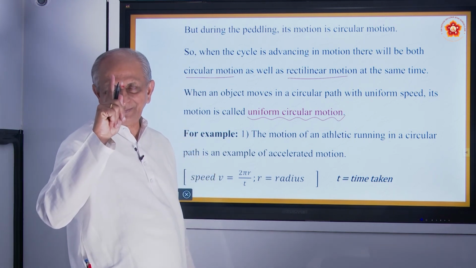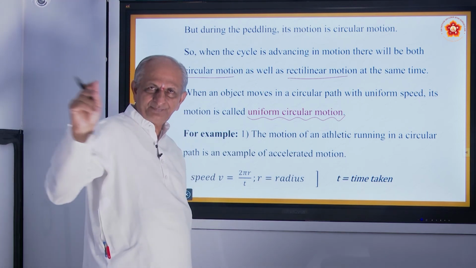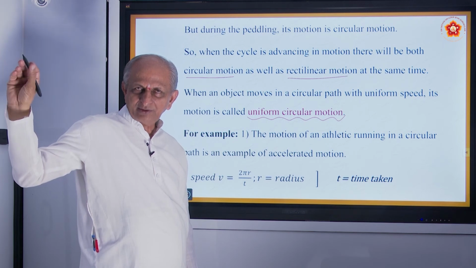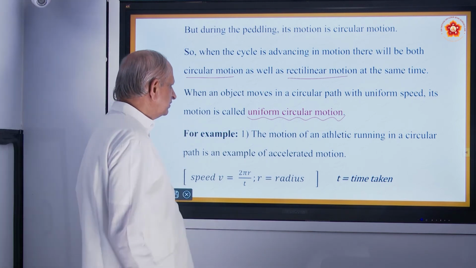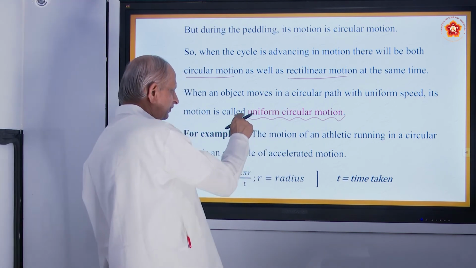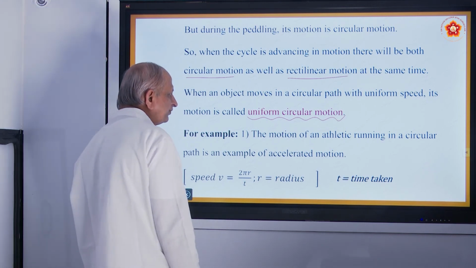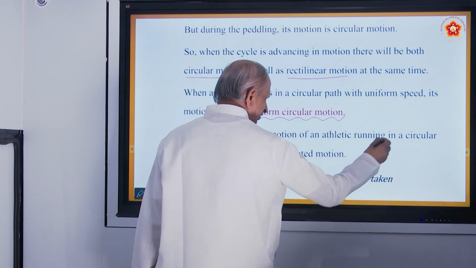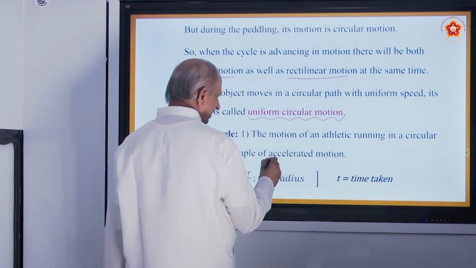The finger becomes the center and the thread becomes the radius, and the stone or the ball at the end becomes the object, and the rotation becomes circular motion. If it is rotated with a suitable velocity, we call it uniform circular motion. And one more example, the motion of an athlete running in a circular path is an accelerated motion.